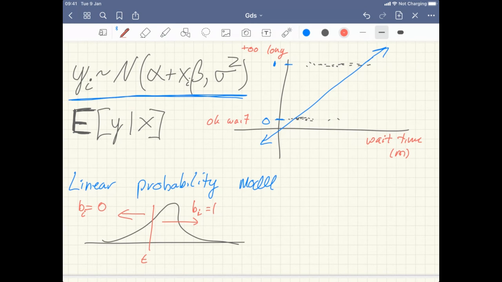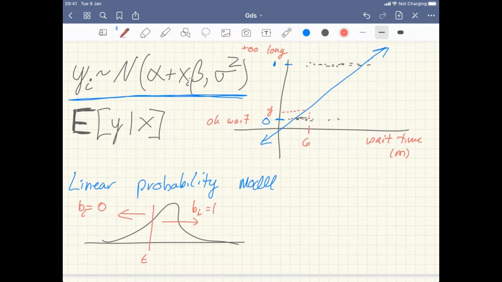So the linear probability model still takes that normal distribution and tries to build an expected value for y. But it's going to predict all of these values continuous between 0 and 1. So let's say if I wait 6 minutes at a pub, then I'm going to get some value here of y that's greater than 0, but it's less than 1.